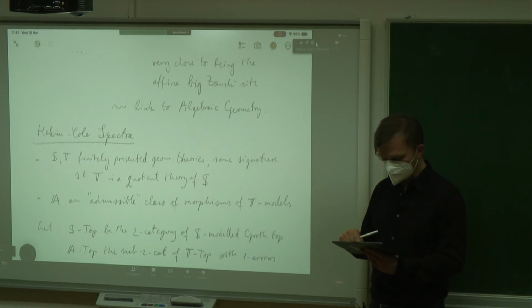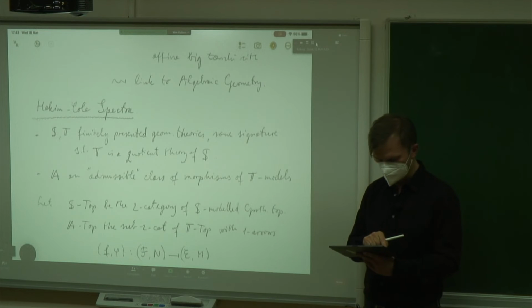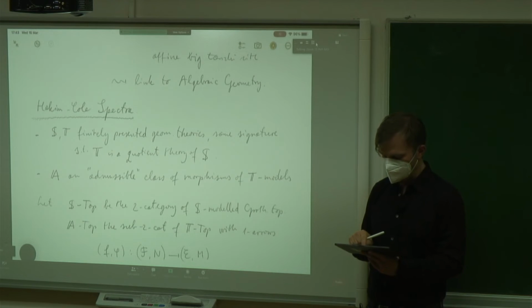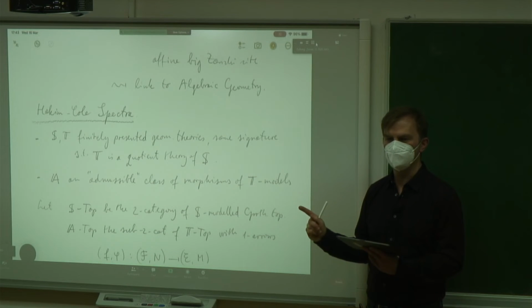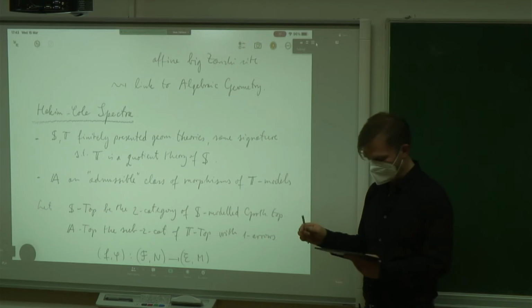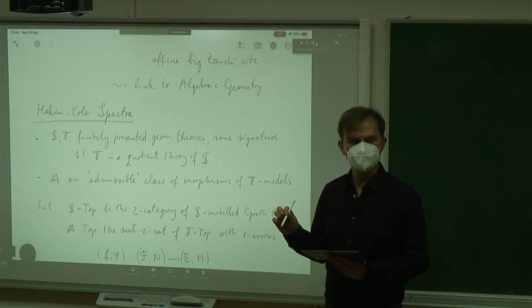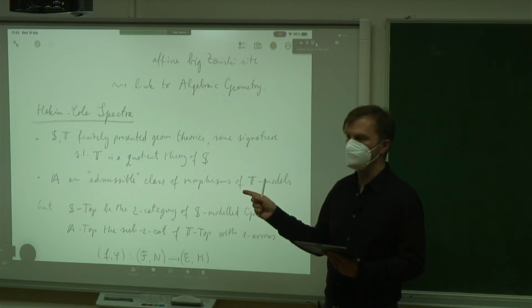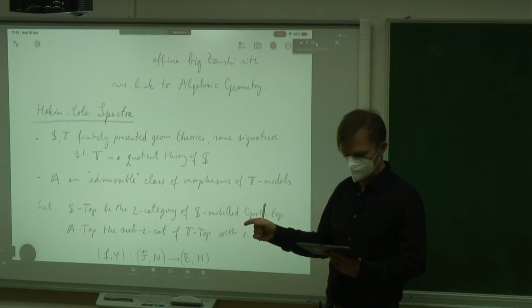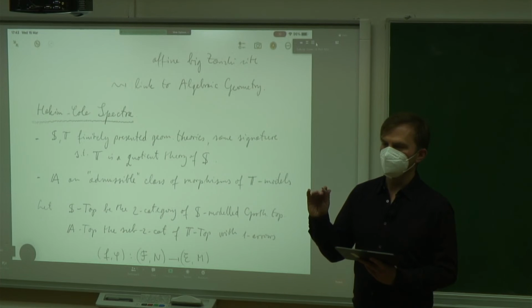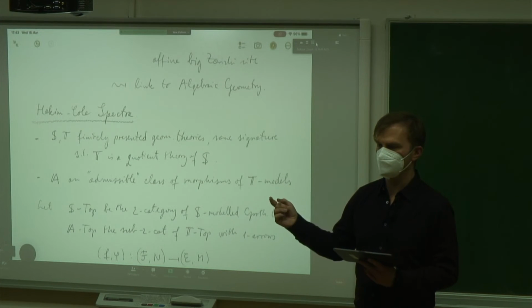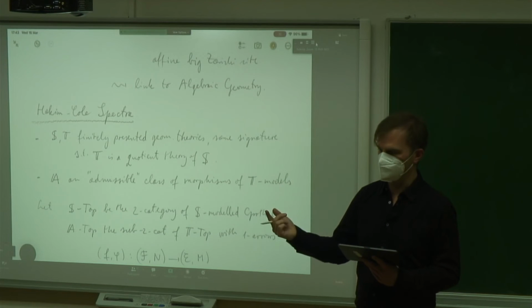Now, you also fix A, an admissible class of morphisms of T-models. Why is this needed? Let me explain on the example of rings and local rings. Think of S being the theory of rings and T being the theory of local rings. What are homomorphisms of local rings when you think of them as models of T?